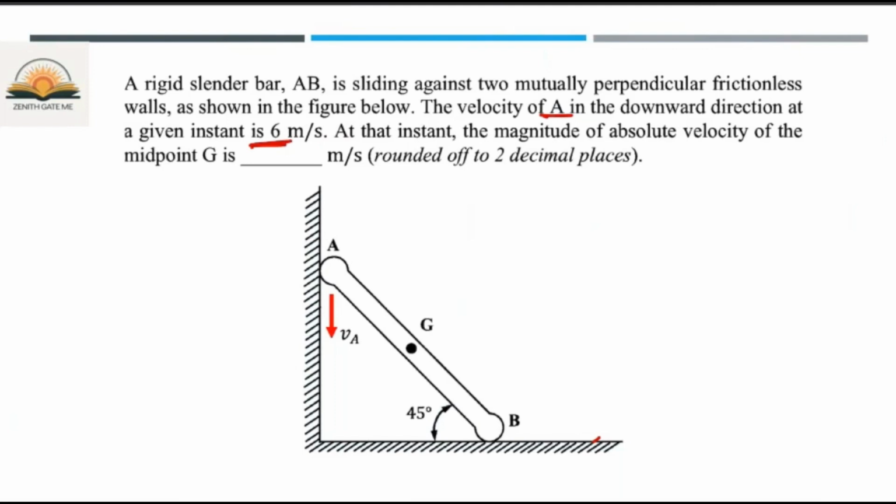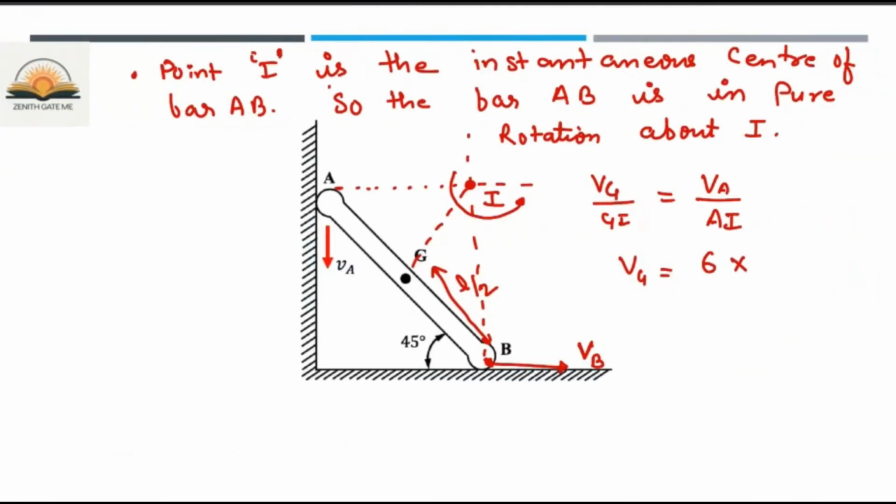Va, the velocity at A point, is 6 meters per second. How will you get the values of GI and AI? You can see here, the length of this bar is L, so GI is L by 2. So 6 into L by 2.